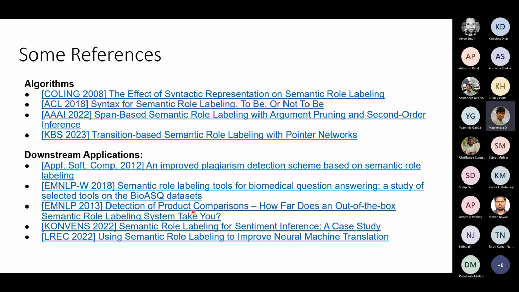Then the detection of product comparisons, and how far an out-of-box semantic role labeling system takes you, for product reviews. Then semantic role labeling for sentiment inference, and for improving neural machine translation. So applications are quite a lot. Again, these are some pointers or references; depending on your interest, you can go through some of them.